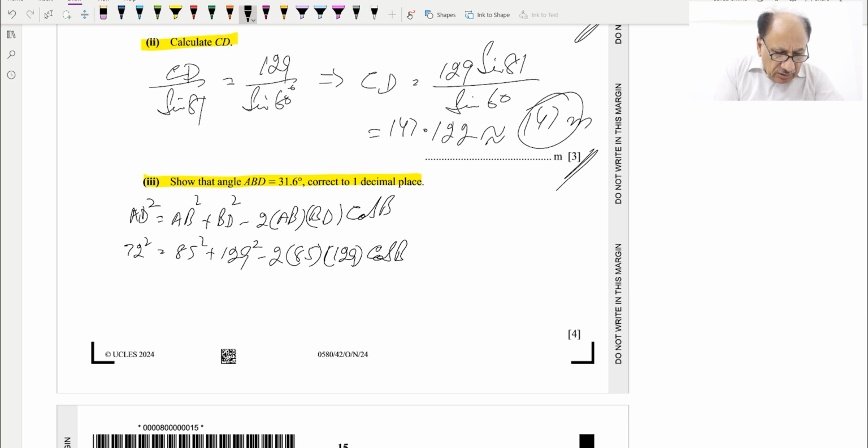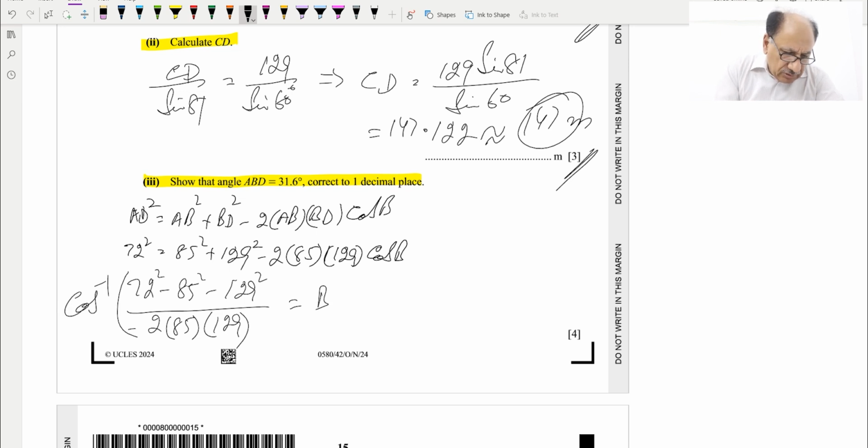Now we can write 72 square minus 85 square minus 129 square, divided by minus 2 into 85 into 129, and this will be equal to cos B, and we can shift cos inverse on this side, and this will be our answer.